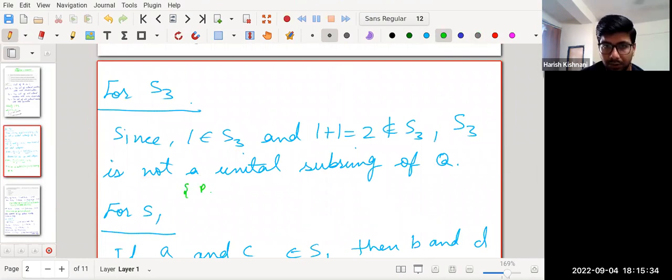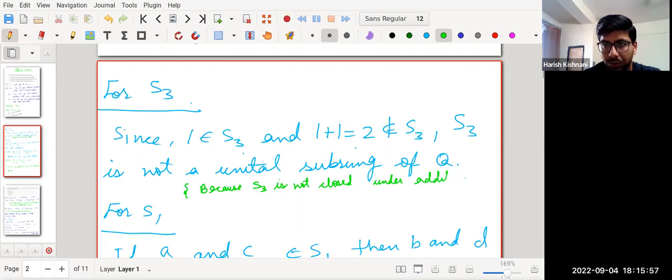The reason is that S3 is not closed under addition.